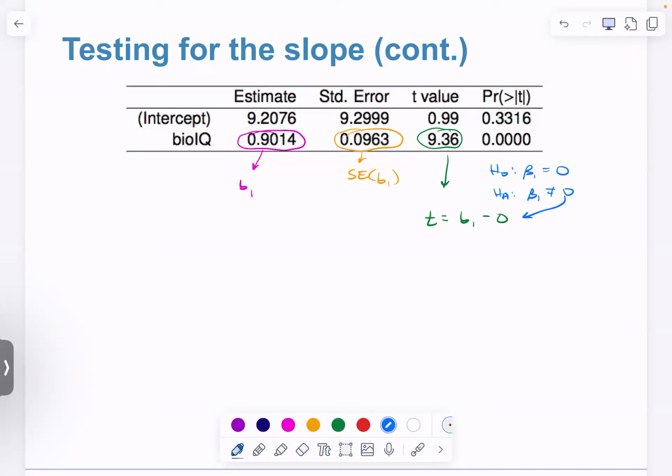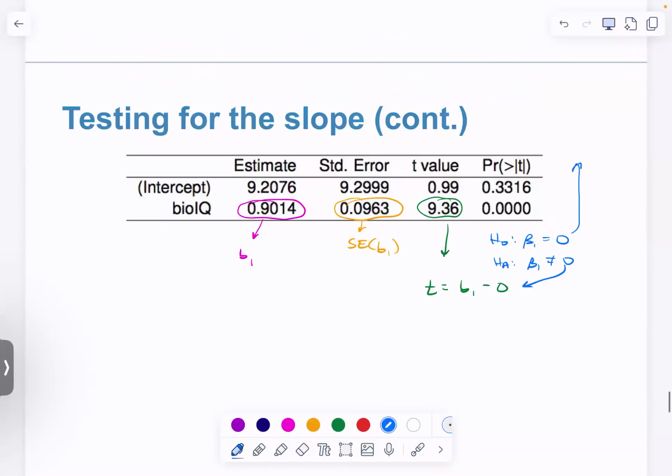All right, let's take it way back. A slope of 0 means that there's no relationship between x and y. So you have to assume that there's no relationship until you have proof otherwise.